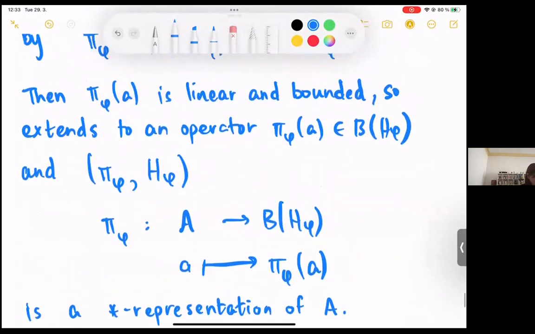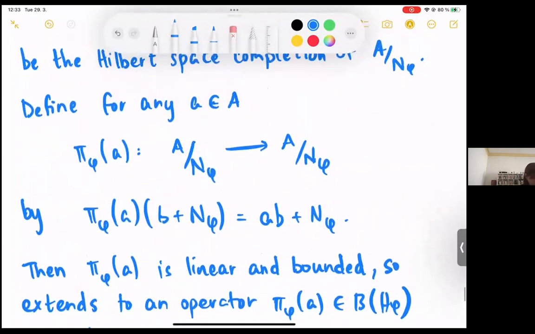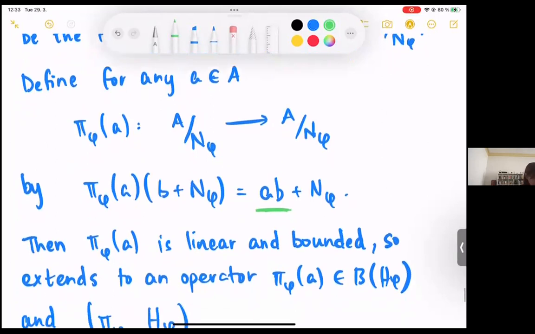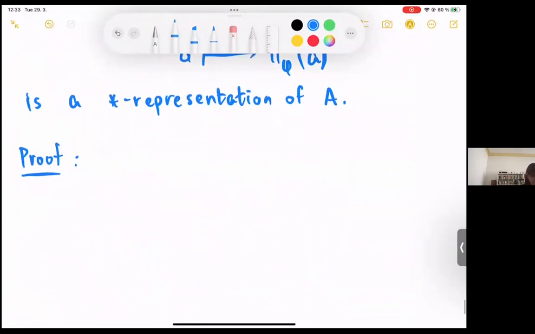Okay, so pi(a) is defined by multiplying by a, and clearly multiplication will be linear, so it's clear that this is linear on A mod N_phi. So the main thing is showing that in fact it's bounded.